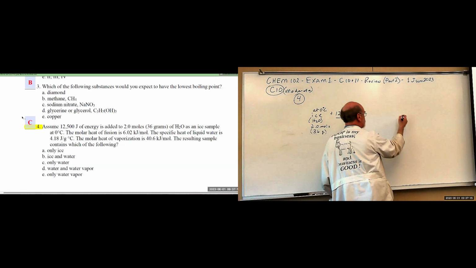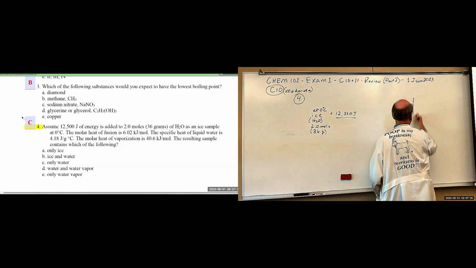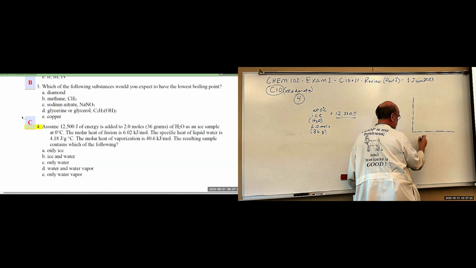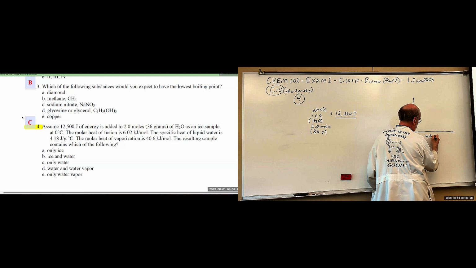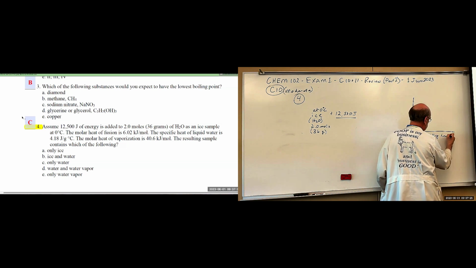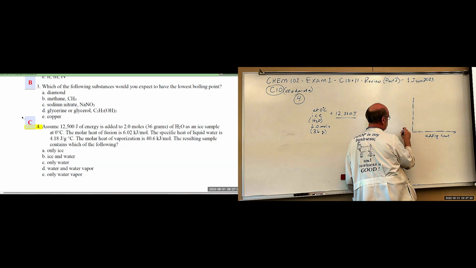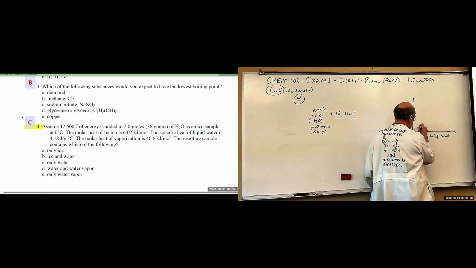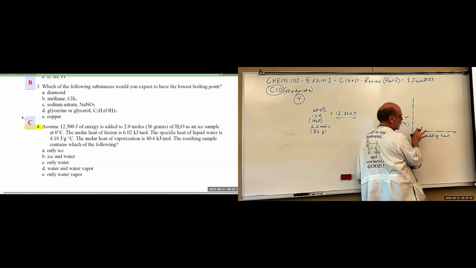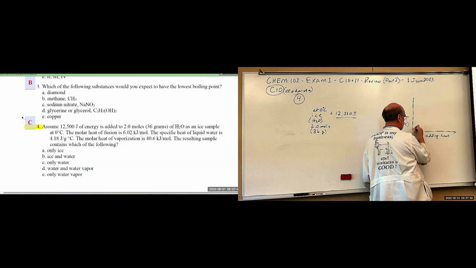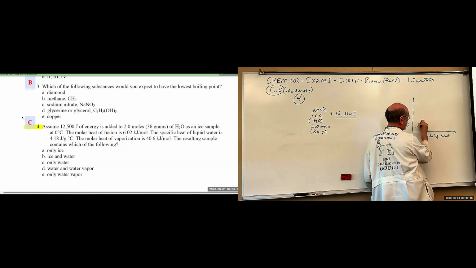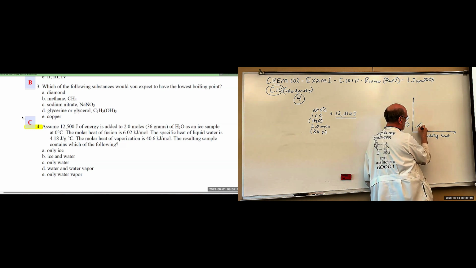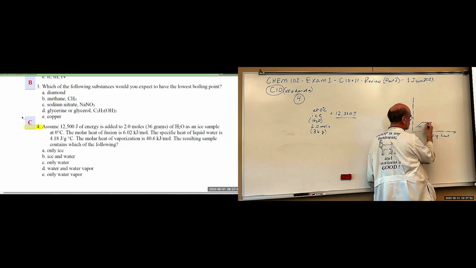All right, so let's look at the phase diagram. Let me put it over here. This way. So this is adding heat going this direction. And this is temperature in degrees C. Okay. So we're going to start off as a solid. And then when we get to the melting point, temperature stays constant while we have solid and liquid.